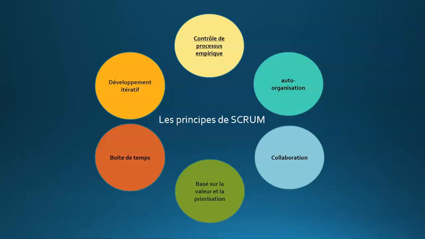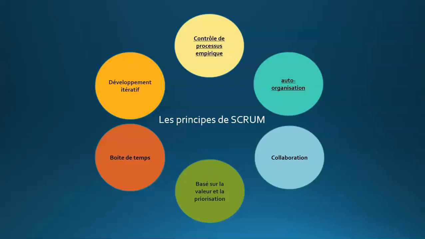Empirical process control is an approach that is essentially about learning from practice, learning from experience. This is exactly what Scrum does. They look at things and learn from them, and that's how the 3 pillars we just saw are reflected: transparency, inspection, and adaptation.